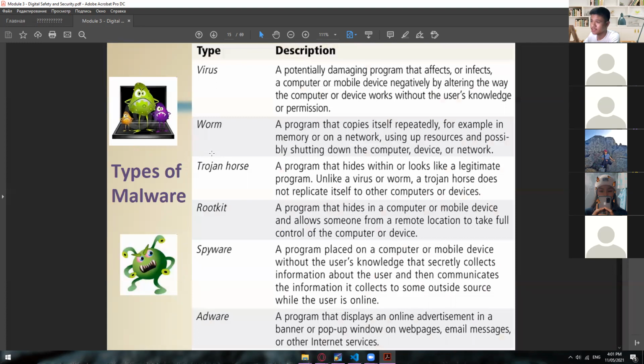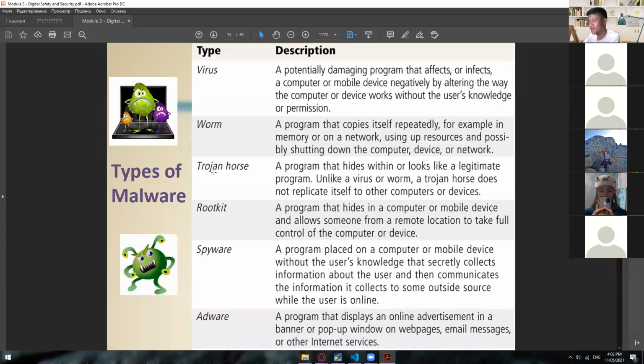We have a lot of types of malware: virus, worm, Trojan horse, rootkit, spyware, and adware. As a person who doesn't really care about the technical names of those kinds of malware, we call everything a virus.